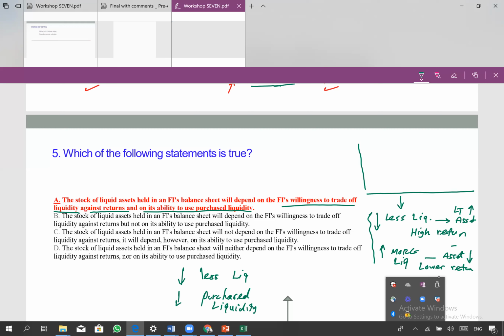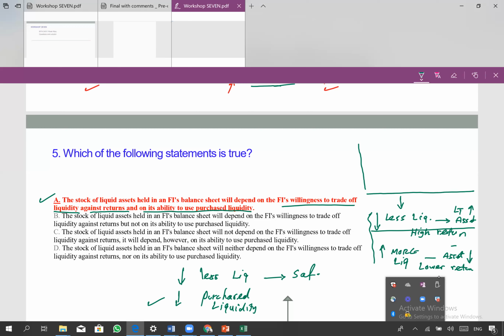In this case, it is safe to have less liquidity and higher assets and get higher return. If you are stressed with liquidity, you go and purchase. And this is what makes this statement correct.